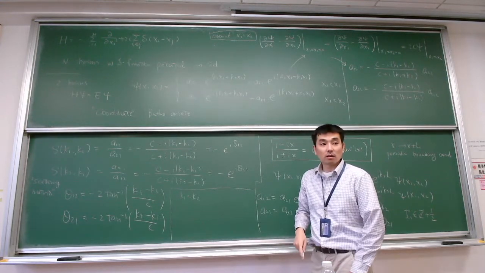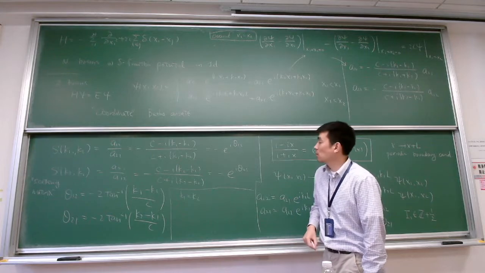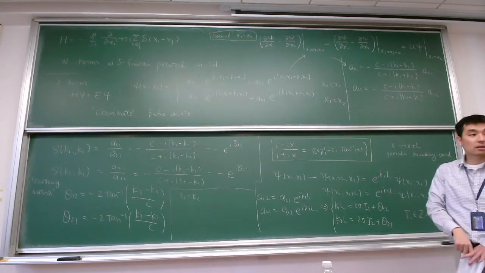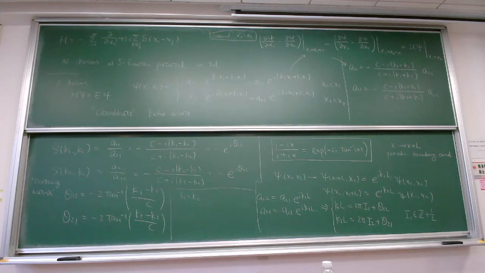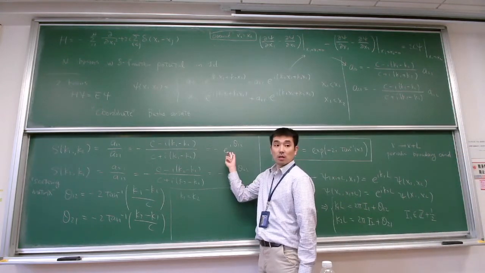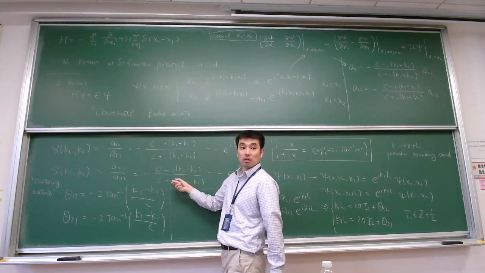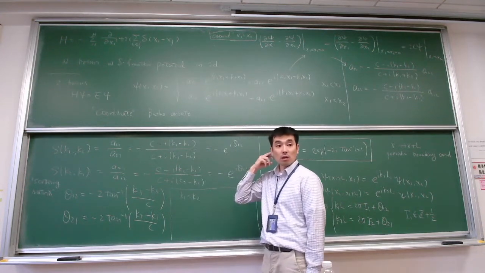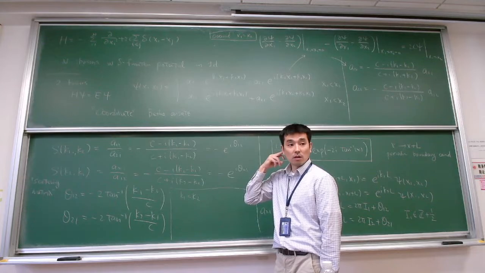If you solve these equations with the upper line equal to the inverse of the lower line, you will get K1 equal to 0 or K2 equal to 0.